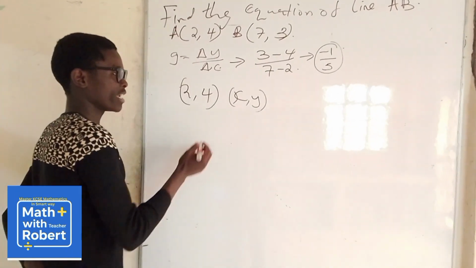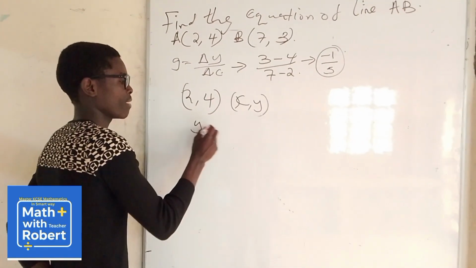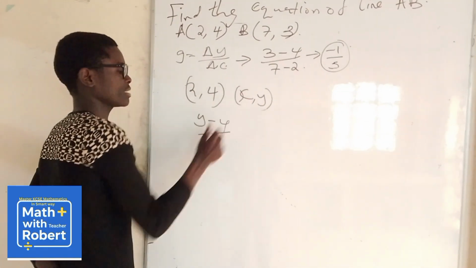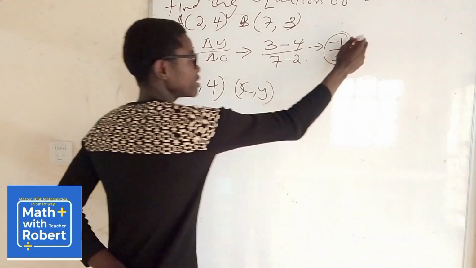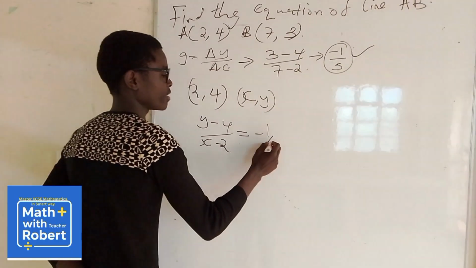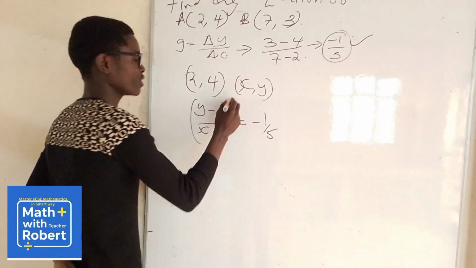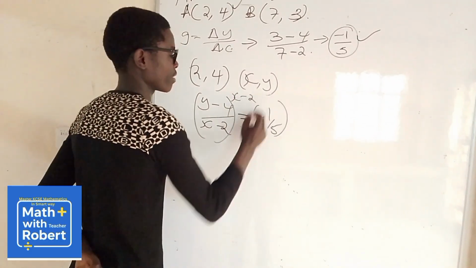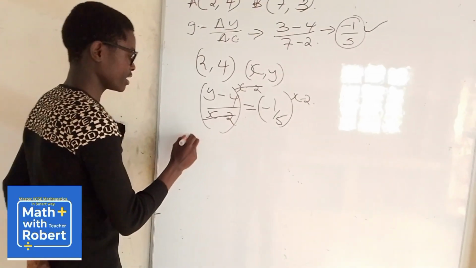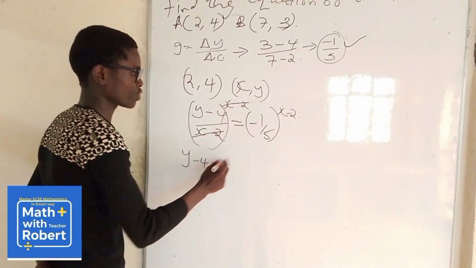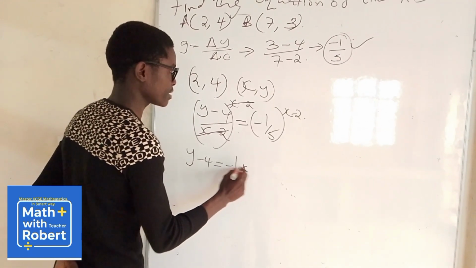So we get the gradient again, that is changing y over changing x. That is (y minus 4) over (x minus 2). It should give us the gradient, which is negative a fifth. So when we get here, you multiply both sides by (x minus 2) and we remove this one, so that we get y minus 4 equals negative a fifth times x, negative a fifth x.